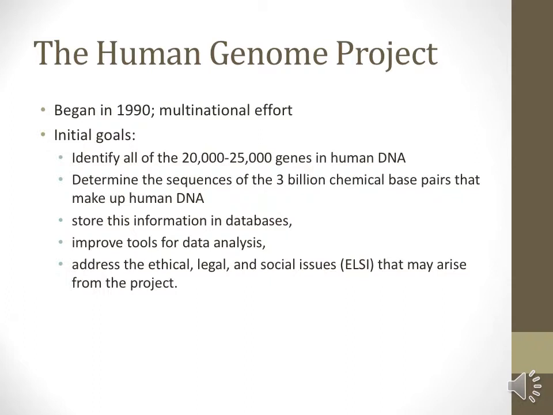The impetus for the shift to integrating genetic principles into healthcare began with the advent of the Human Genome Project. This project began in the year 1990, and it was a multinational effort.